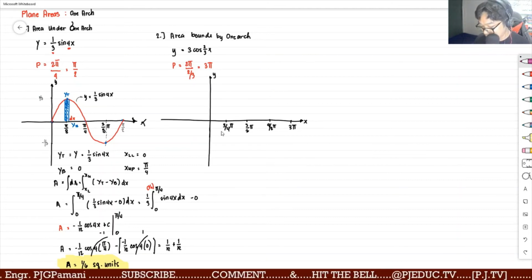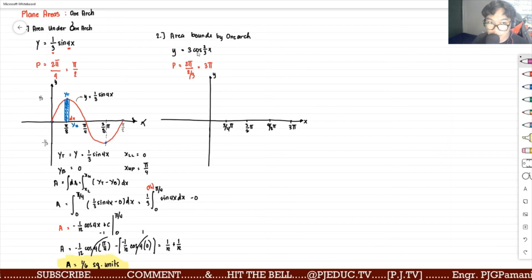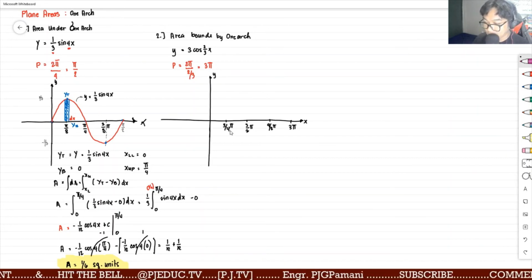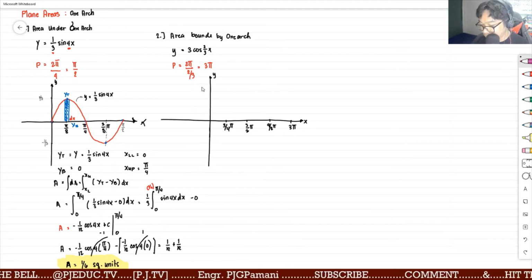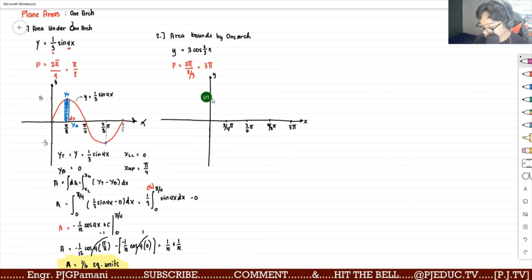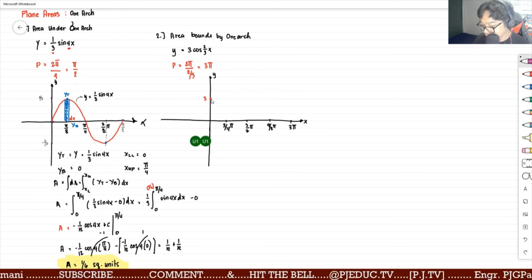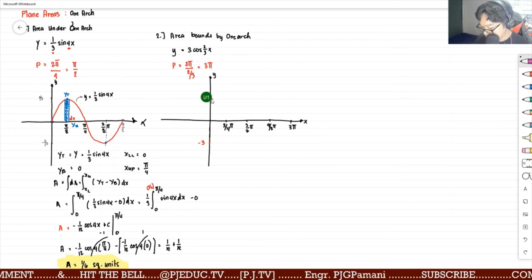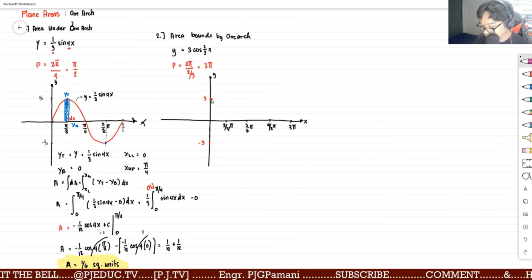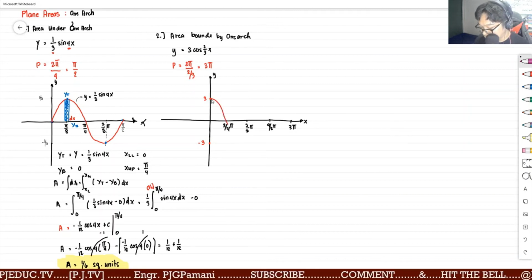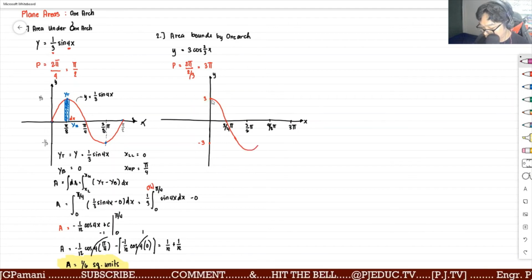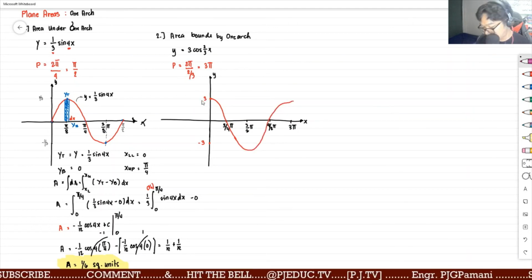So with that, hanapin natin yung ating maximum. Maximum is at 3 and minimum is at -3. Always start at the y-axis. This is your +3. This is your negative. Remember na yung curve natin hindi sa origin kundi sa axis. That is there, then here, and here, and there.